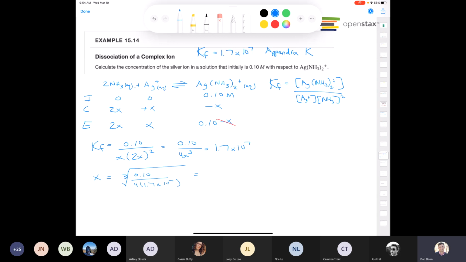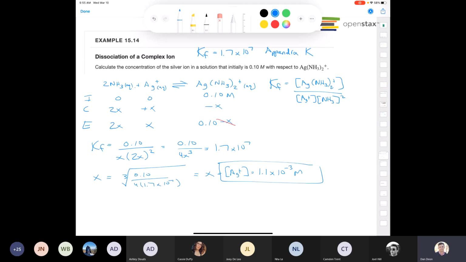So my x, which is going to be equal to the concentration of my silver ions, is equal to, you guys can check my math here, the cube root of 0.10 divided by 4 times 1.7 times 10 to the 7. And I ended up with 1.1 times 10 to the negative 3 molar as being the solubility.